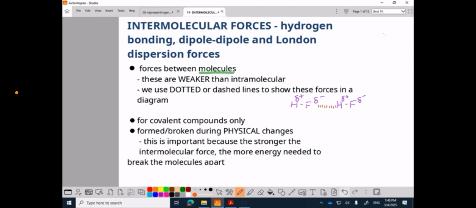So we will talk about when or how the molecules are attracted, so slightly negative, slightly positive. Opposites attract in chemistry. And you can use the bubbles to show intramolecular like we have before. This is just a way to represent that the intermolecular forces are not as strong.